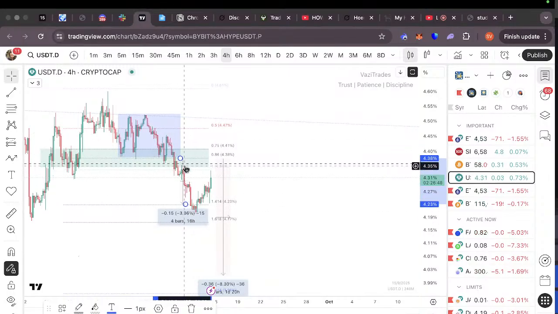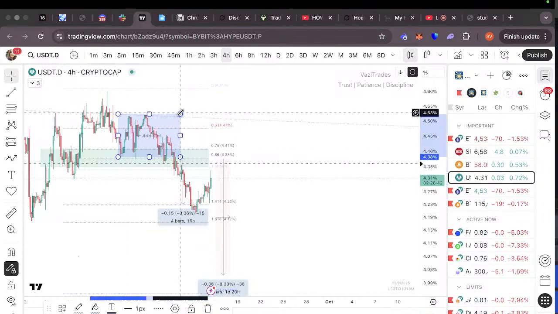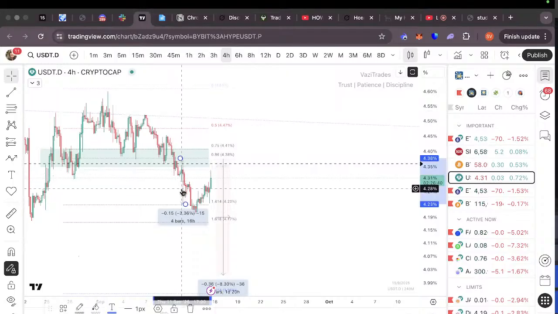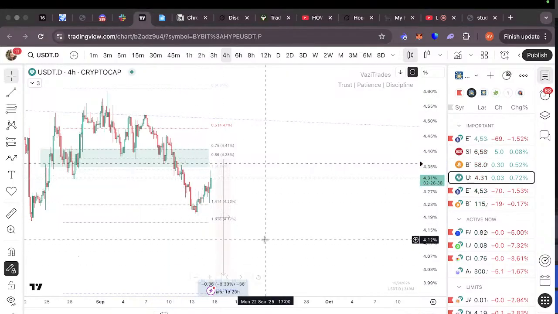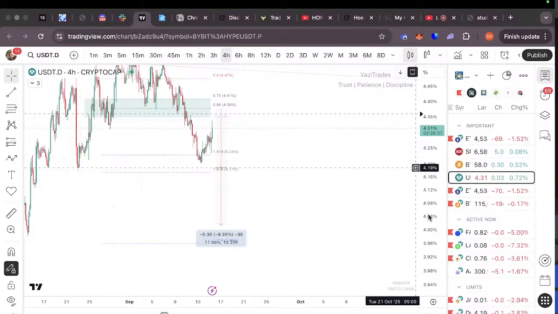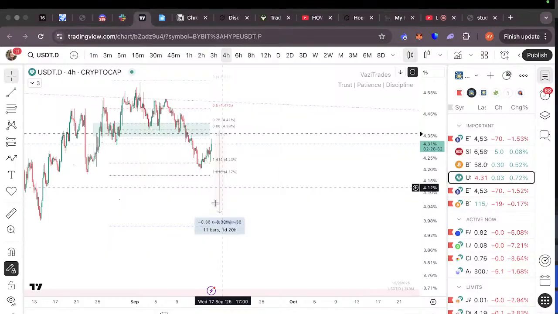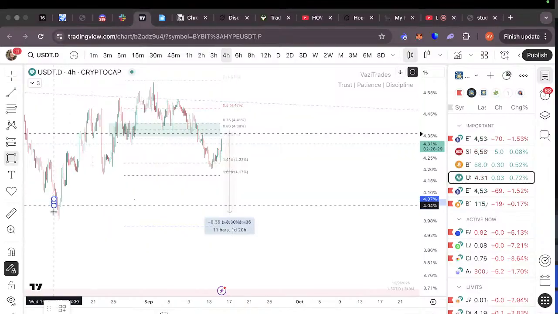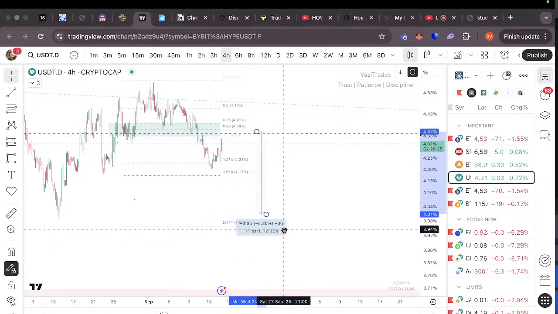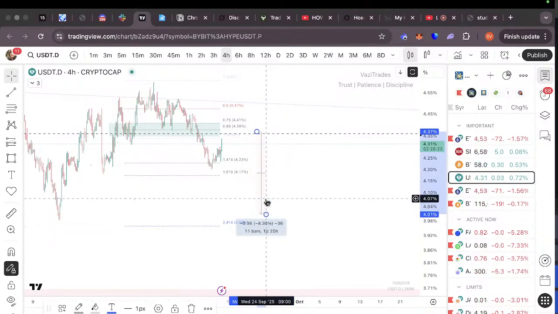Now that I was telling you before, right, after breaking below this range, this is not valid anymore. I'm deleting this. I don't need it. And I said that the deepest pullback possible till this low on USD dominance also aligns with the next Fibonacci, 2.41.